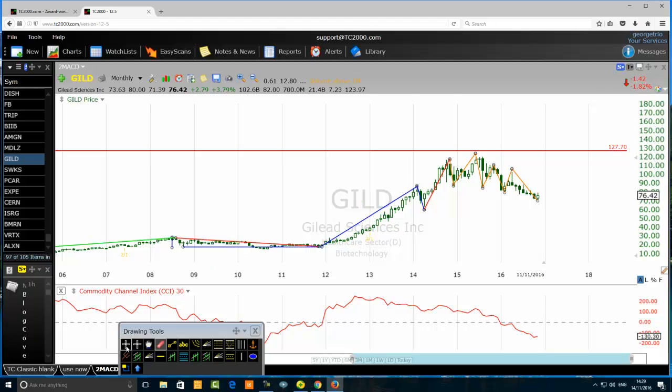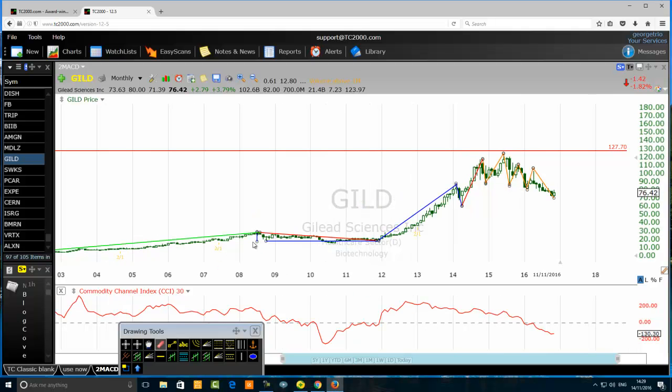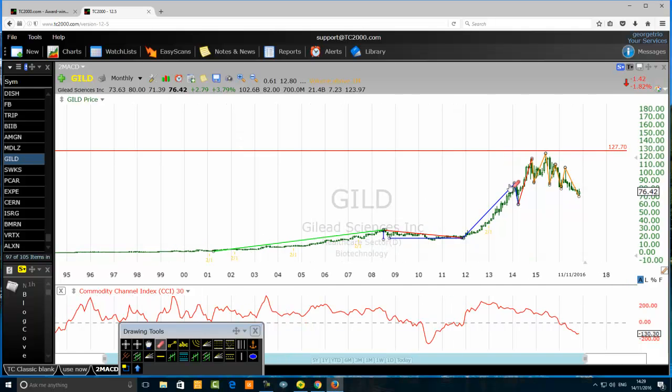Now that we have counted all our waves, first wave, second wave, which is a triangle, and then the third Elliott wave, extended by all means, fourth wave and fifth wave, no Elliott wave violation. The third wave is not the shortest wave because it's longer than the fifth wave at least, and the fourth wave is not overlapping the high of the first wave.